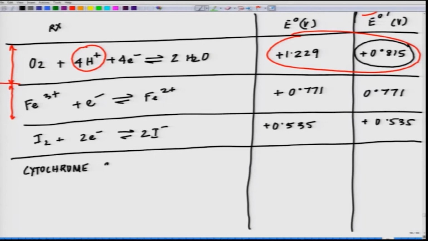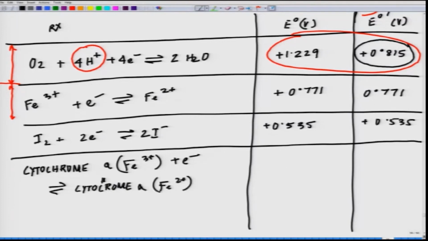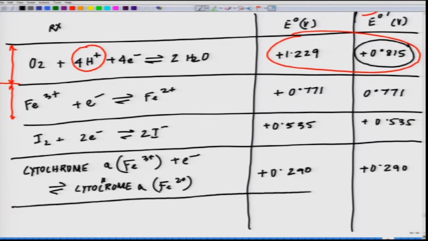Cytochrome A, which is Fe3 plus plus electron, it becomes cytochrome A Fe2 plus, which is getting reduced, and the values are plus 0.290, plus 290, because again there is no involvement of any hydrogen ion or any kind of acid base situation.